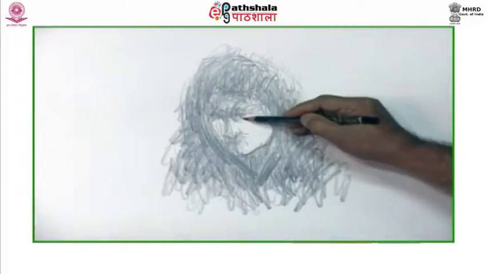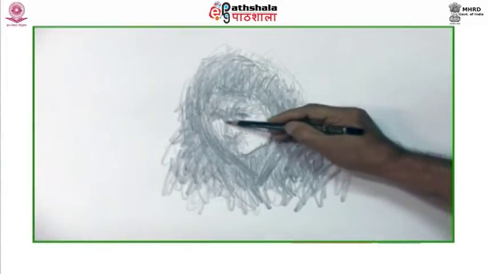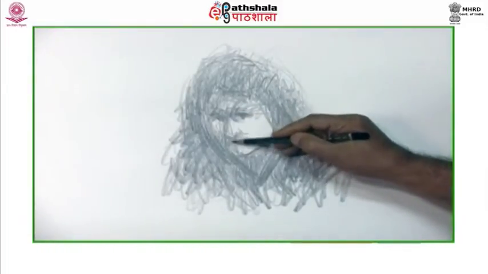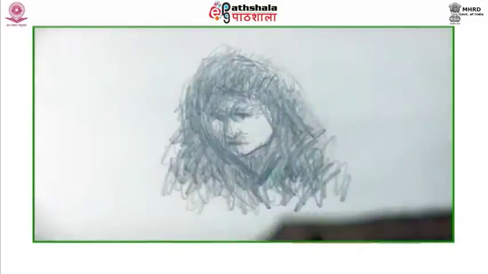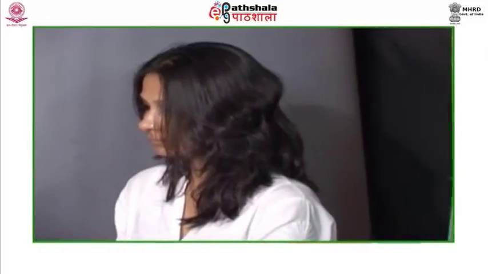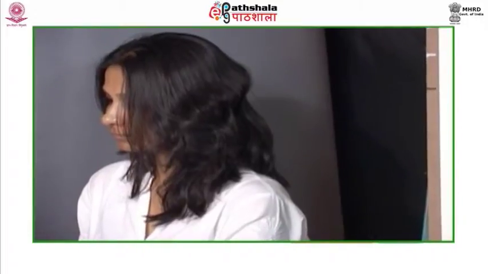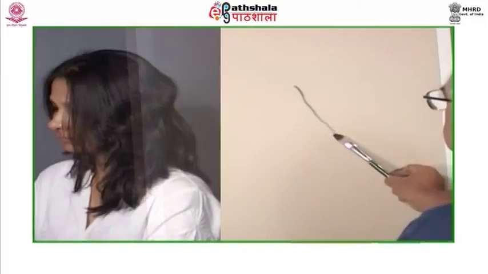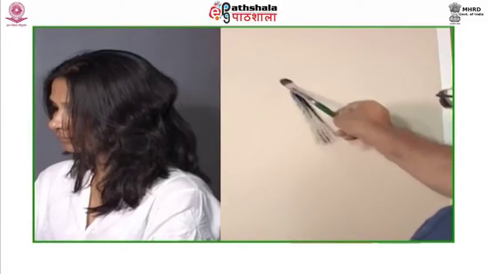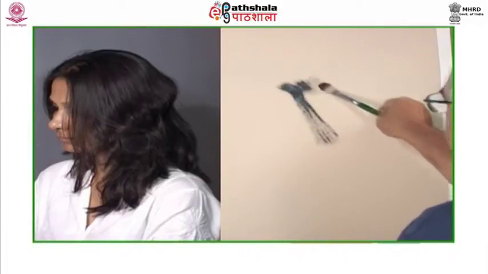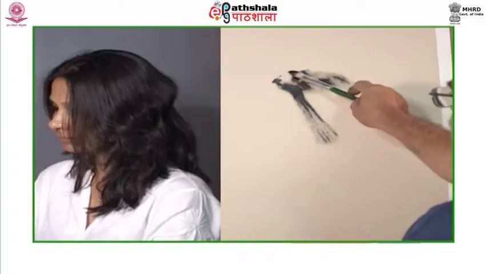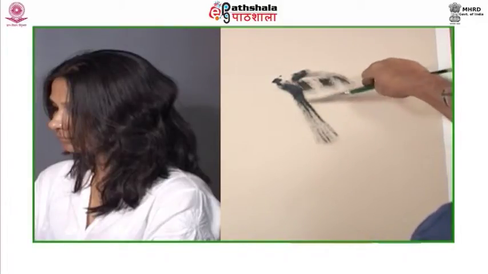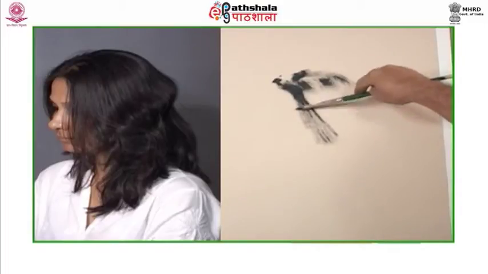But it takes a while before your hand starts listening to what the eye sees and the brain decides to draw. See how I develop the hair around the oval shape of the head. I know how far I have to go and how much I can expand the form of hair in proportion to the size of the oval head.